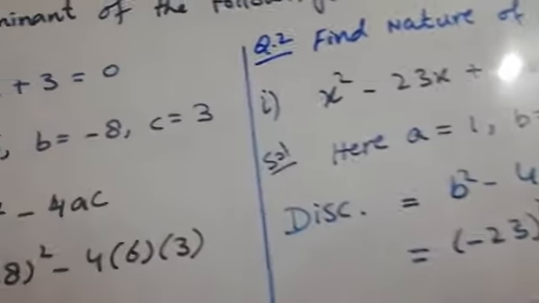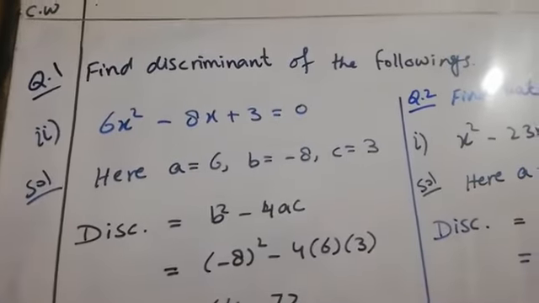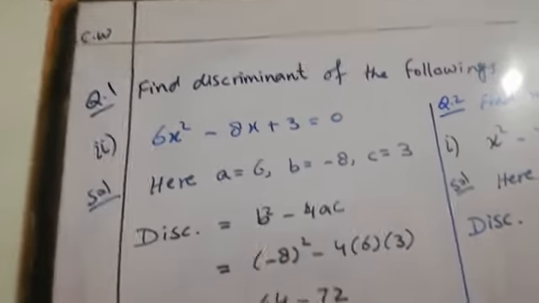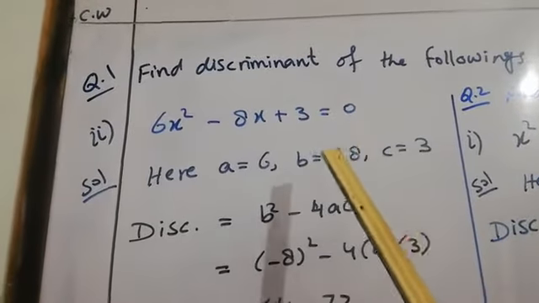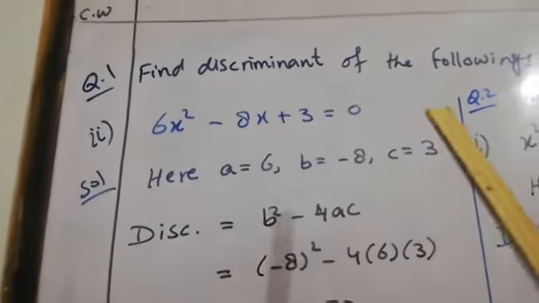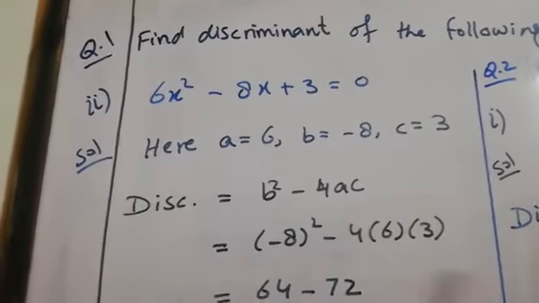We will discuss only 2 types of roots in today's syllabus according to the smart syllabus given by the government. Question number 1 is: find the discriminant of the following. In this question we will just find the discriminant, and in the second question we will find the nature also.